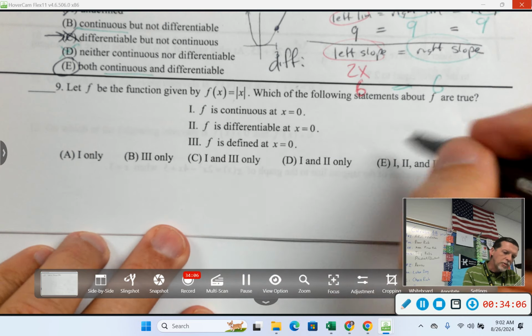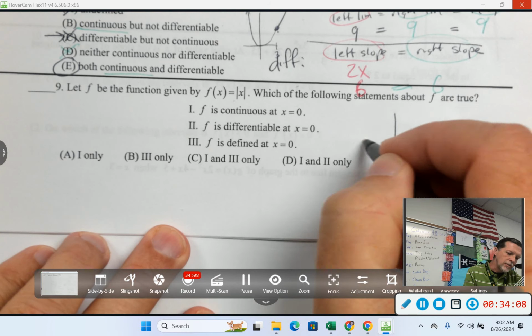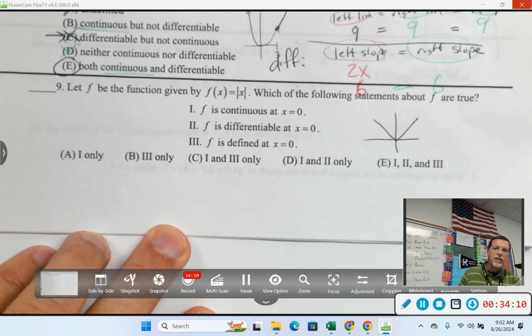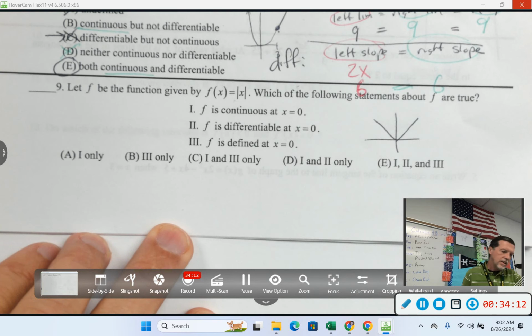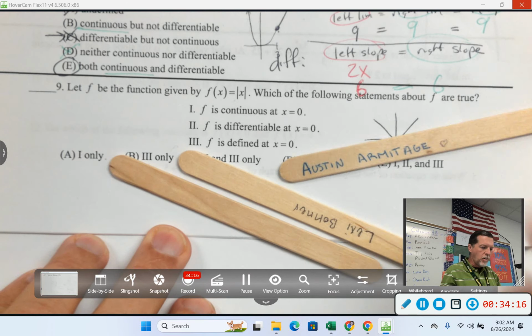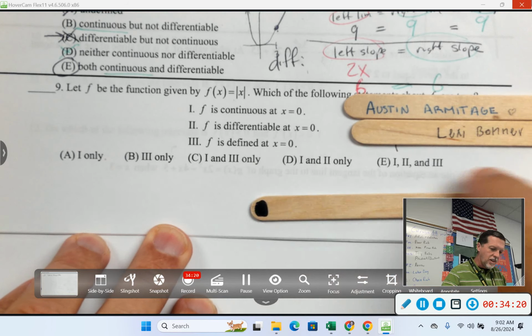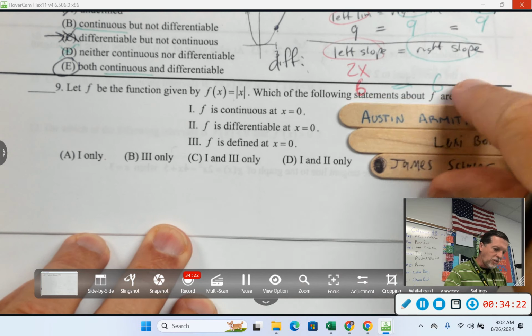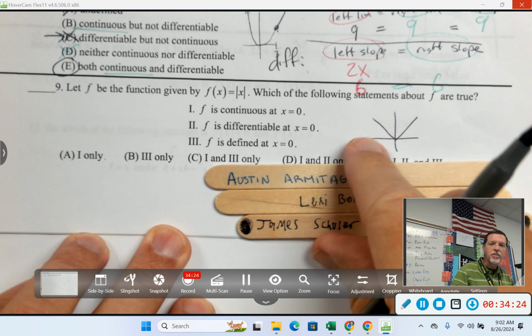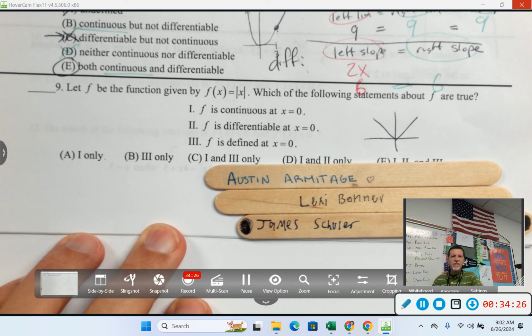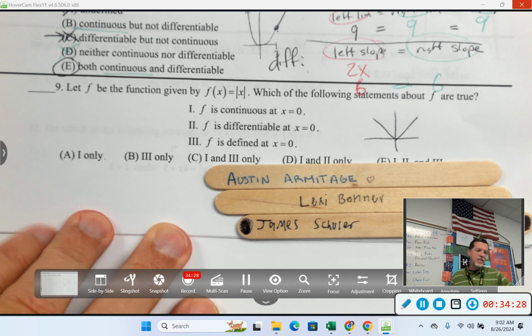The function absolute value. Oh, this should be an easy one if we draw the graph. Let's go 3 more here and then we'll be done with notes. Austin, Lexi, and James. Oh, but we still see the graph there. Austin, is f continuous at x equals 0? Yes.